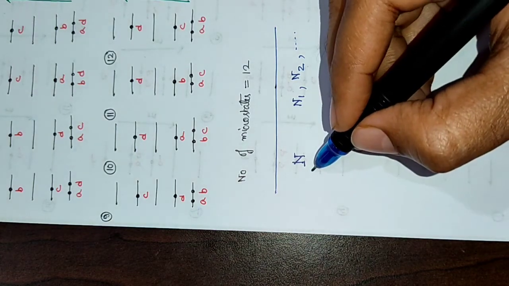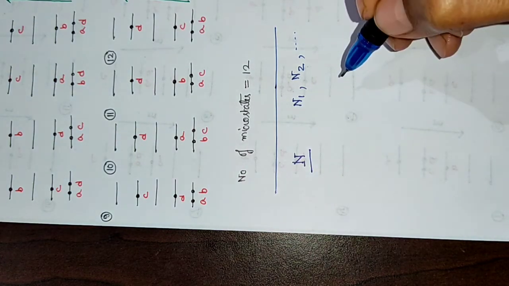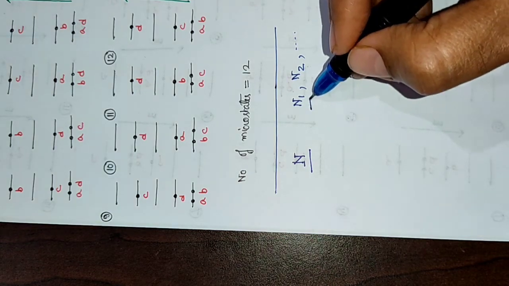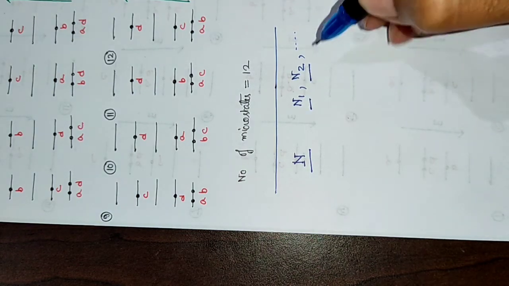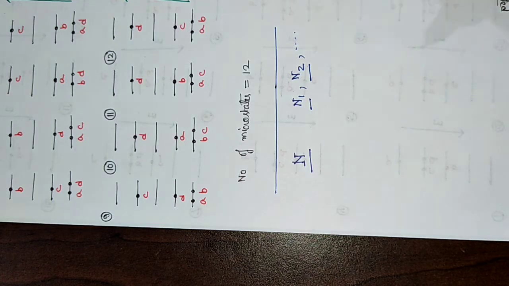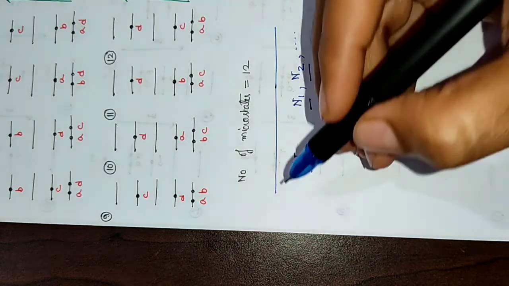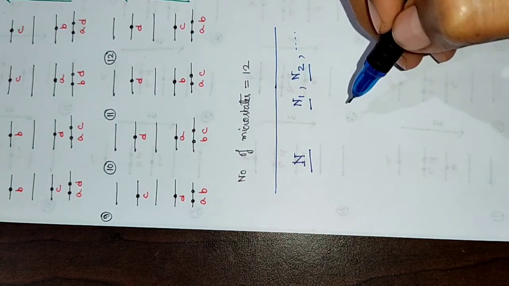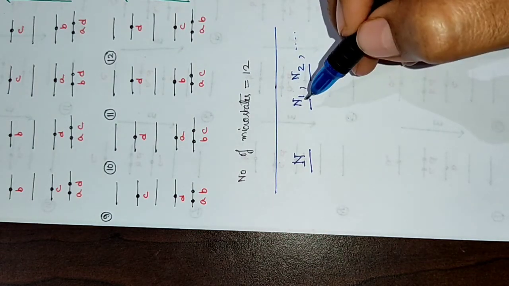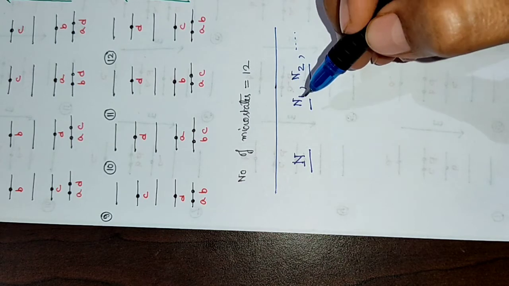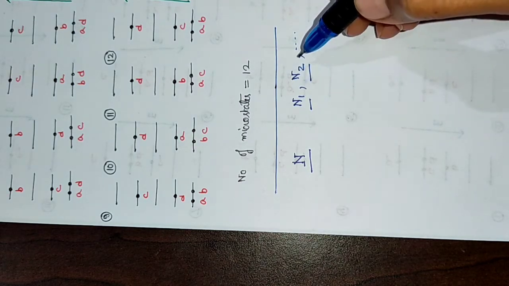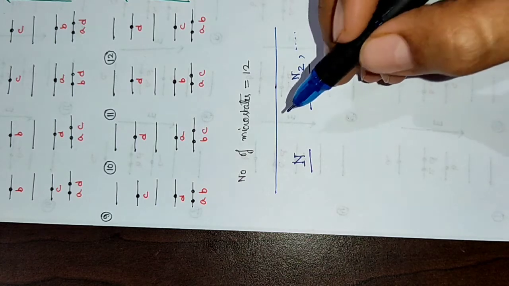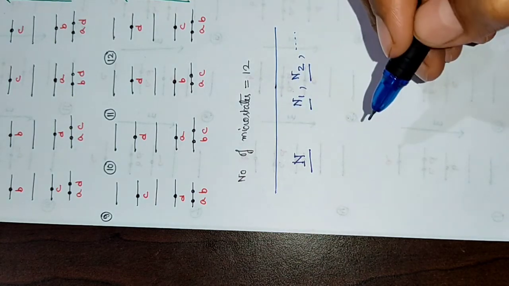So in total we have n number of particles in the entire system, and each level is being occupied by n1, the next level n2, next level n3 and so on. So it is representing a macrostate obviously, because in one macrostate we have a certain number of particles in one level, a different number of particles in another level, and the entire set changes when we switch from one macrostate to another macrostate.